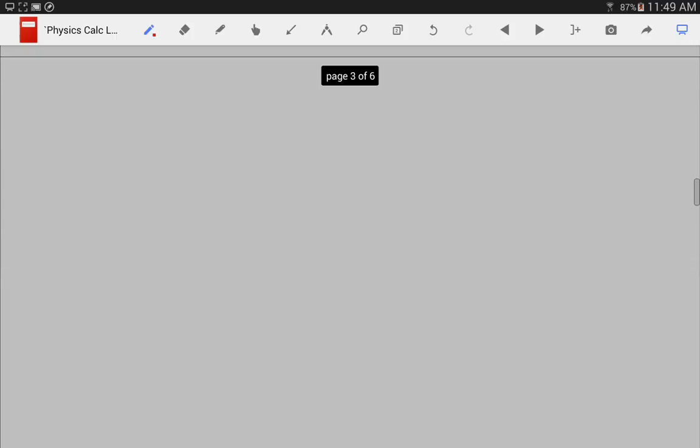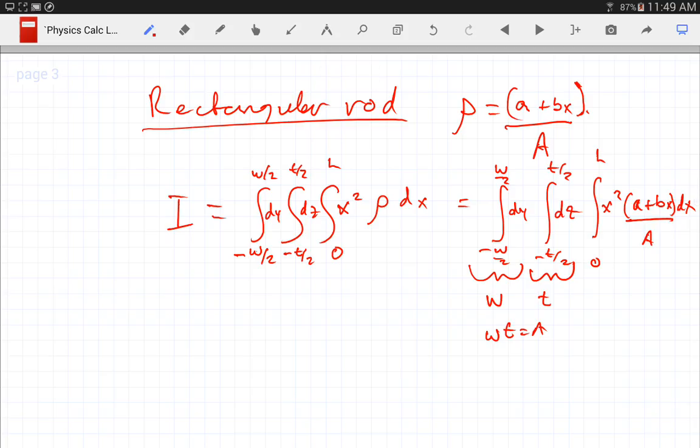I already called the axis I'm rotating about the y-axis. So if you wanted to be really picky, this would actually have been x squared plus z squared. And if z is changing by a reasonable amount, it does make a difference.